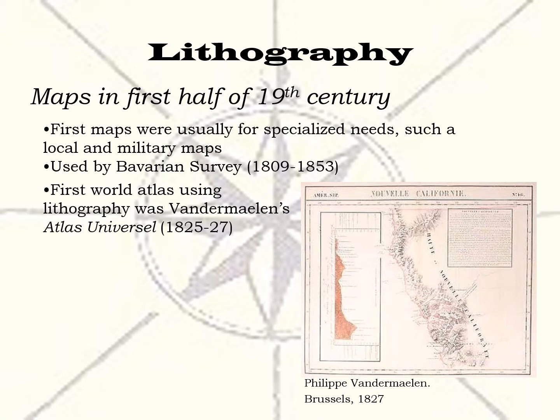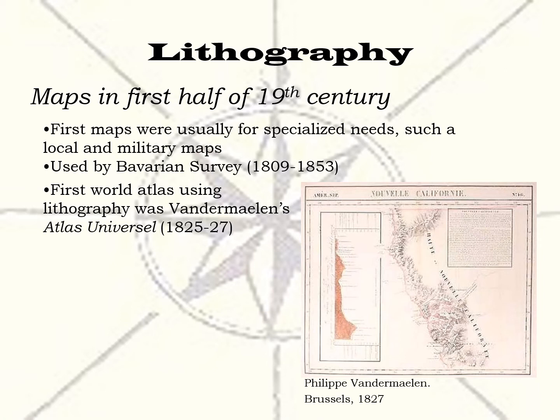There were relatively few lithograph maps made in the first half of the 19th century. The earliest lithograph maps were usually issued in small quantities for specialized needs, such as for local maps of cities or regions. Lithograph maps were also made at this time for some military purposes.